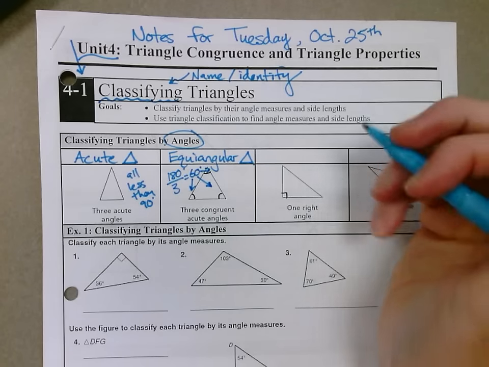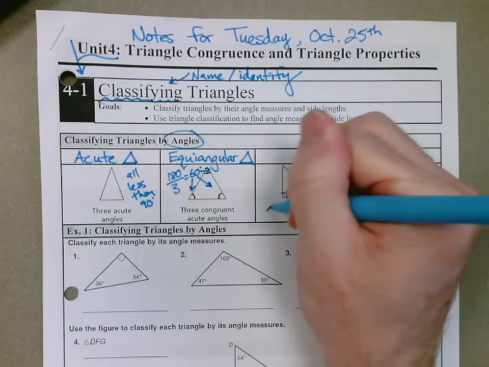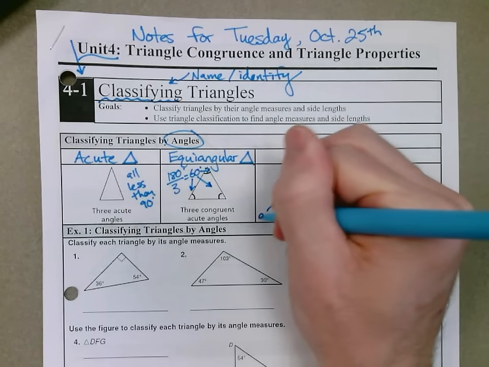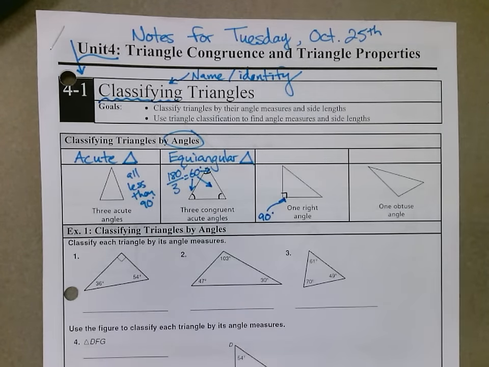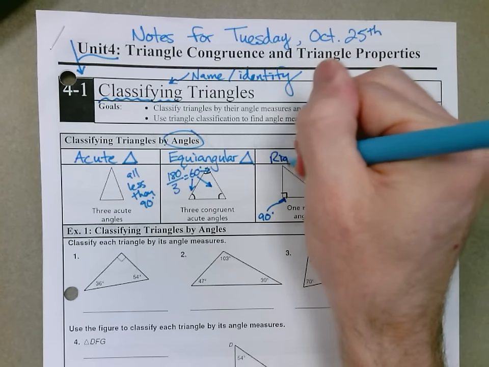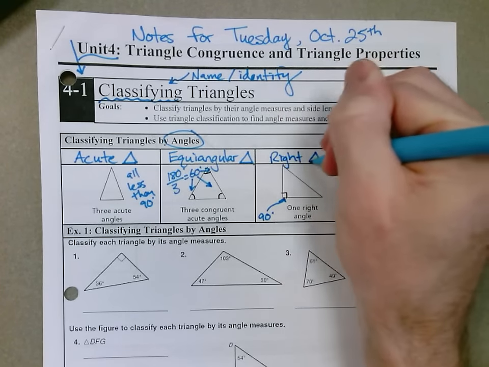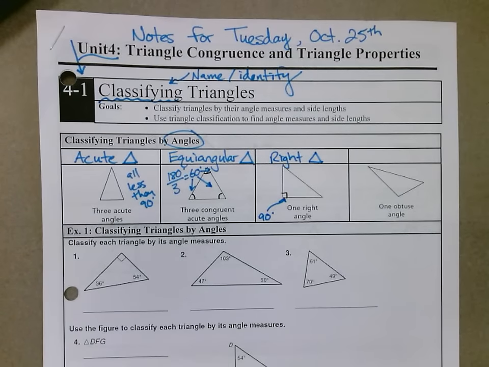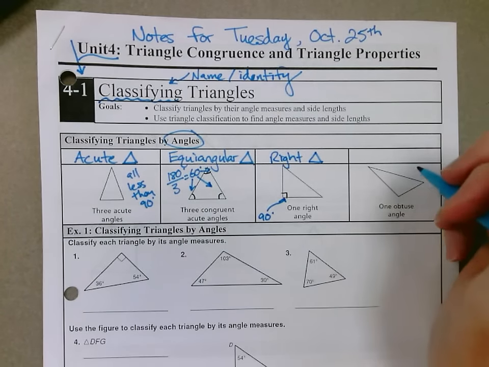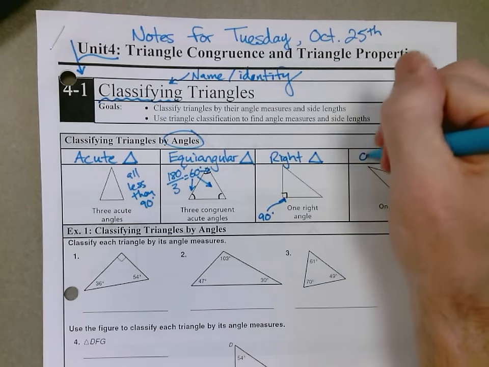Next up, this one's going to be a right triangle, and we know that because of this clue right here. It just contains one 90-degree angle, and therefore it's going to be referred to as a right triangle. And then finally, the one over here on the right is going to be an obtuse triangle.